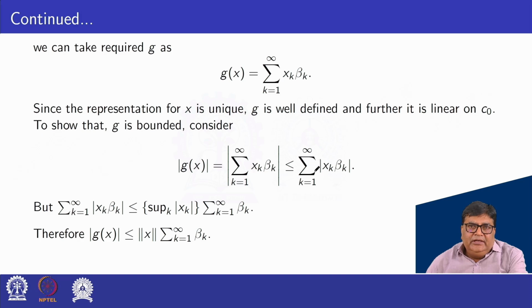Taking each x k at its maximum in each term, we can take the supremum of mod x k common. So supremum of mod x k into summation k equals 1 to infinity beta k. Therefore mod of g x is less than or equal to norm x into summation k equals 1 to infinity beta k.